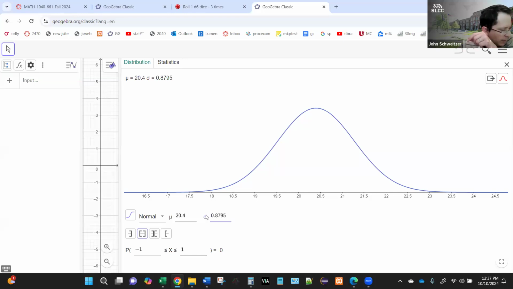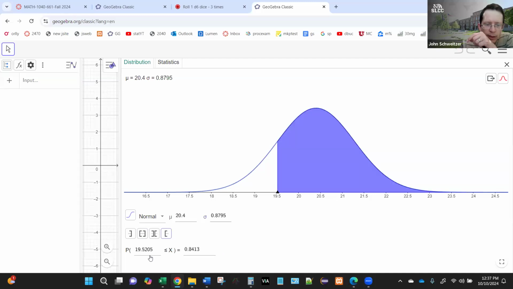Okay, so we want to know the probability that x bar is 22 or more. So we're going to go greater than. We put in 22, and we see that that's pretty far up in the right end of the distribution. What's the probability? About 3%.